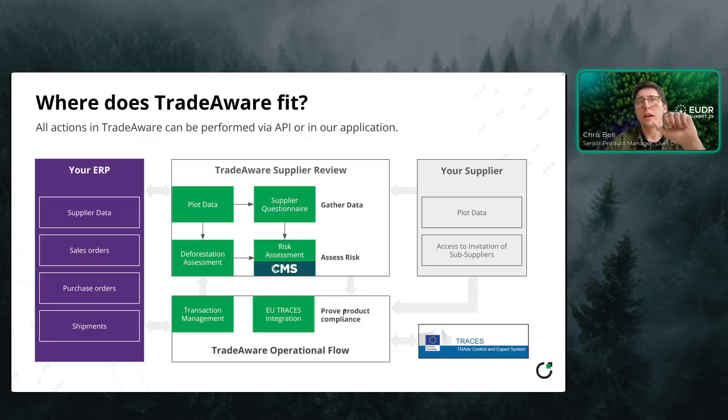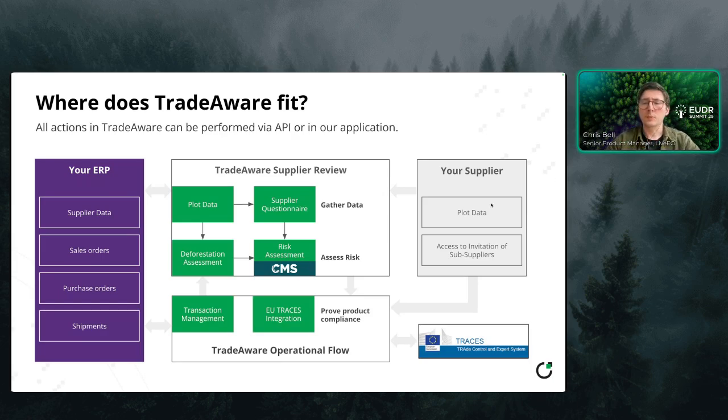And then once you have that, using that as something that you can base your transaction, your operational flow on. So at that point, once you've made an assessment of the supplier, letting the transaction management side flow through and into EU tracers. And with your supplier being able to come on board and add that plot information, add that questionnaire information, and invite their sub-suppliers for information as well.